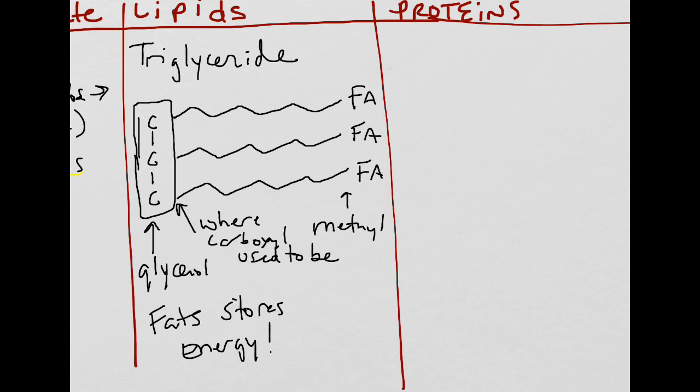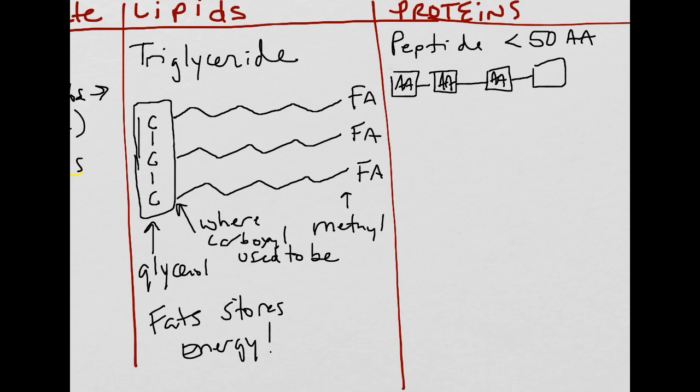All right, proteins. For proteins, a small polymer would be called a peptide. And we would say this is less than 50 amino acids. That's pretty short. So remember, amino acids are the building blocks. So we connect them together. There's no reason that one is any longer, just that my drawing isn't great. But it works out well because then I can point to the bonds between the amino acids and ask you, what do you call that bond between amino acids?